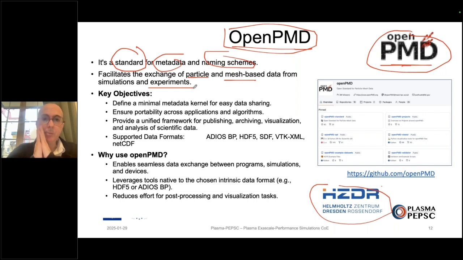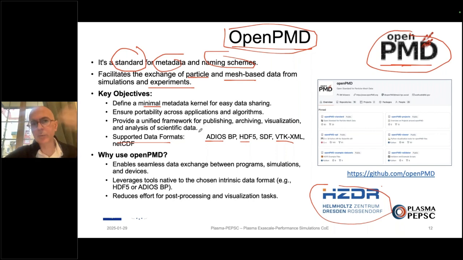So OpenPMD is one of the main focuses when we are looking at the data. It is both a metadata standard, but it can also be used as a library itself. There's an API that can be used to improve your code. There are different supported data formats: ADIOS, HDF5, VTK, XML, NetCDF.